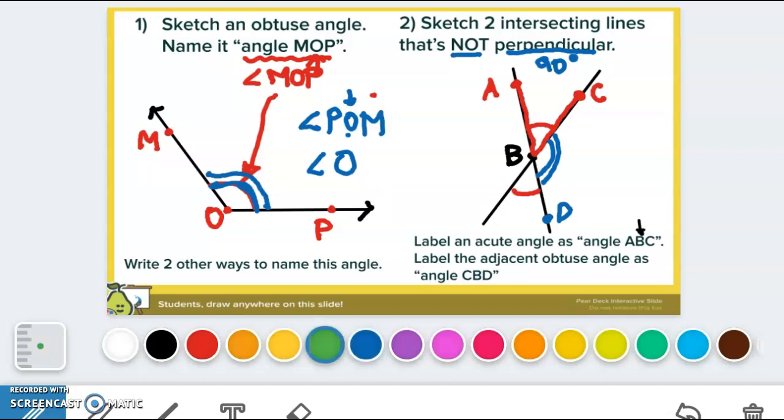Angle MOP, this angle here, is congruent to angle CBD. Okay, and that's how you would write it. And I am going to put a circle on it.